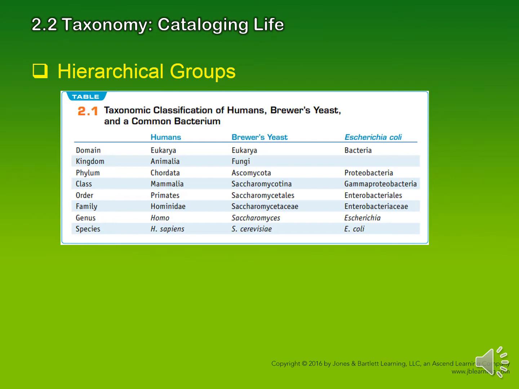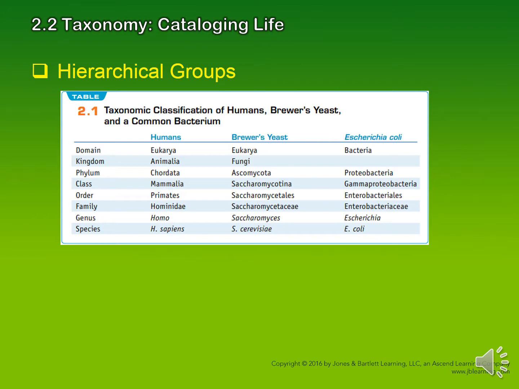Now, in the microbial world, we could have a eukaryote like yeast, where again we're in the domain of eukarya, then fungi, then Ascomycetes, Saccharomyces, and Saccharomyces cerevisiae is brewer's yeast.